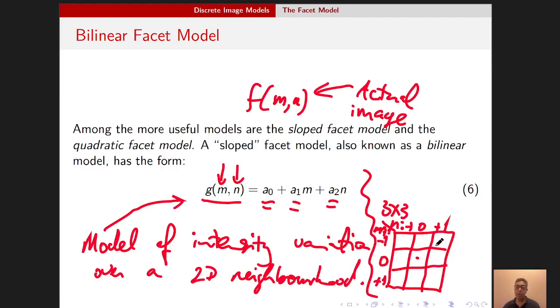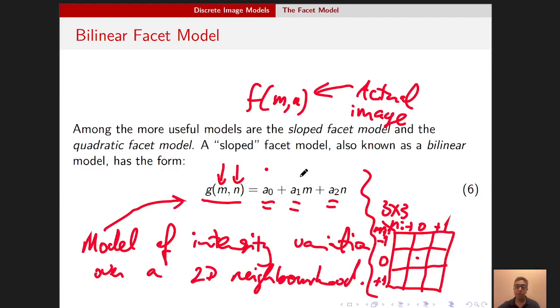Okay, now let's look at the form of this model. We've got this term a naught that isn't interacting directly with any of the coordinates, so it's a constant. We have a term a1, which is multiplying m, and we have a term a2, which is multiplying n.